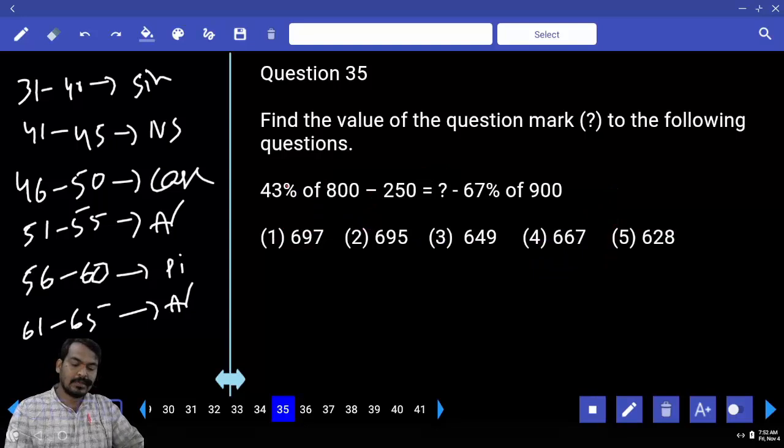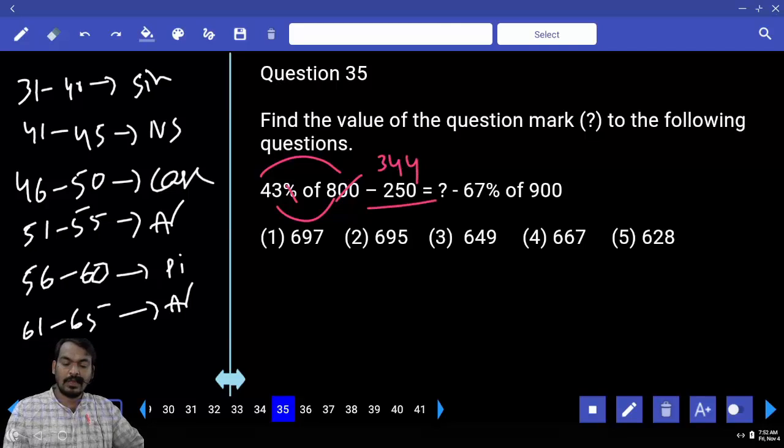Left hand side percentage, two zeros are cancelled. 43 into which one? 8. 840 is how much? 320. 8 3 the 24. 320 plus 24, 344. What is the difference between 344 and 250? 94. Okay, that is added to which one? 67% of which one? 900.